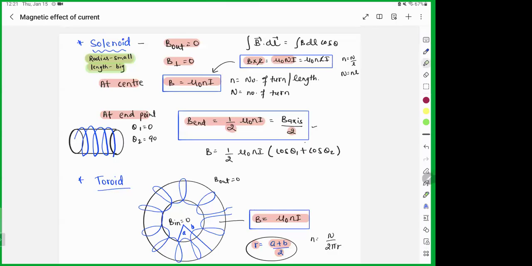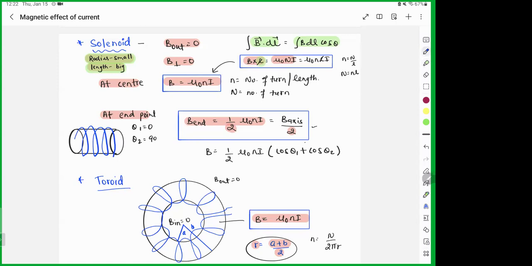You apply Ampere's circuital law: B dot dl, and the dot product has cos theta, correct? So the total length of the rod, let's take L, will be equal to the current. Current will be Ni, number of turns, correct?